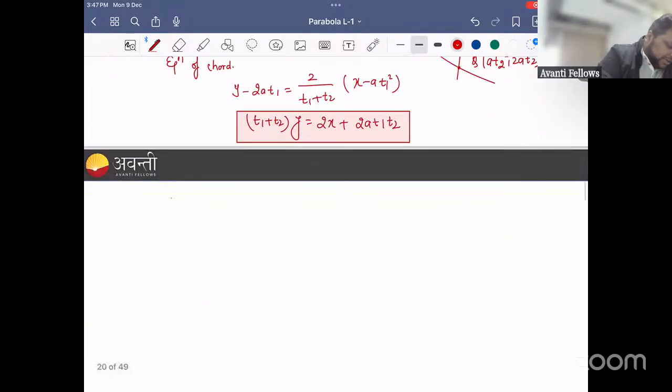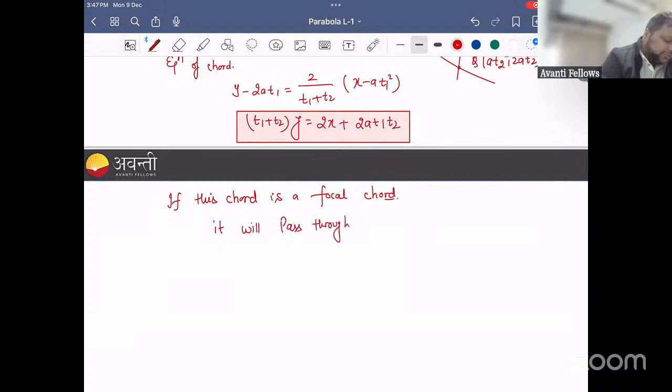Now see, if this chord is a focal chord, it will pass through (a, 0).